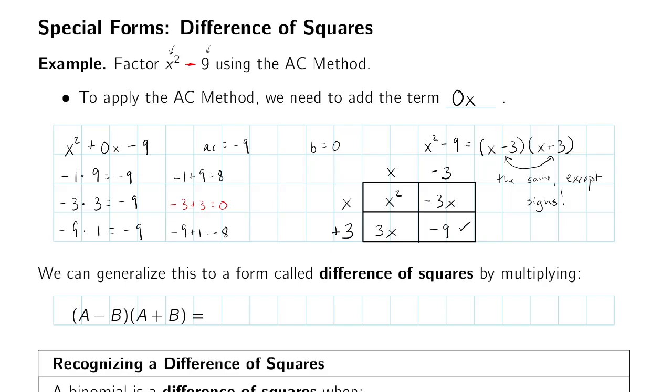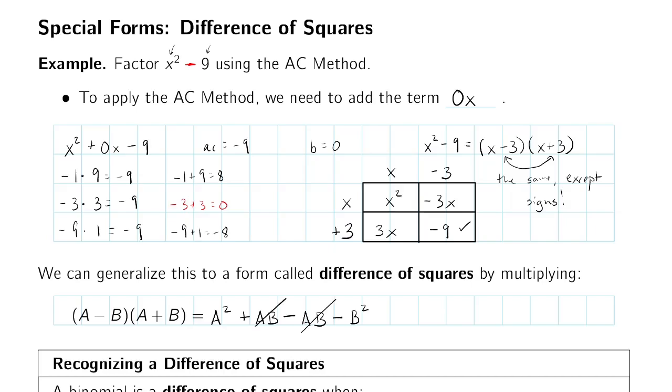In more generality, if we have one binomial with subtraction, another binomial with the same two terms except addition, and we multiply that out, first terms will have a squared, outer terms will have plus a times b, inner terms will have minus a times b, last terms will have a negative b times b is b squared.